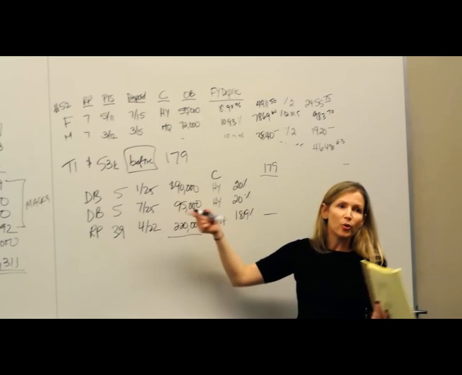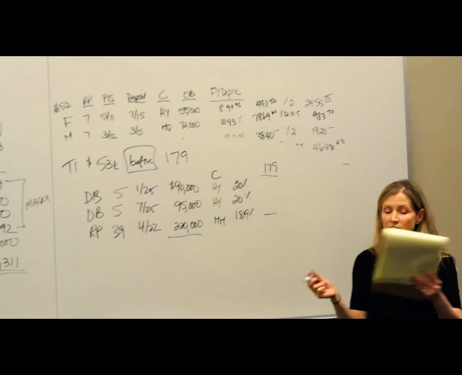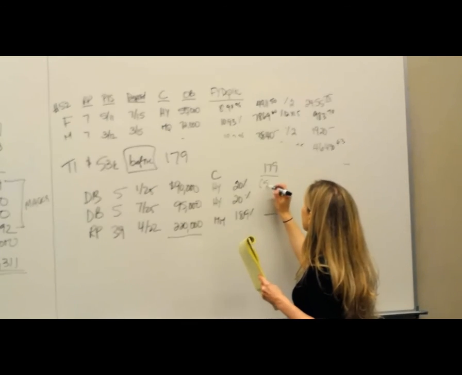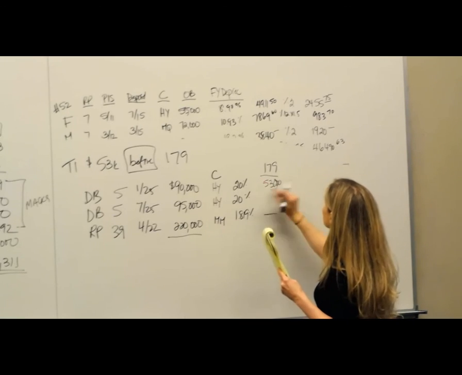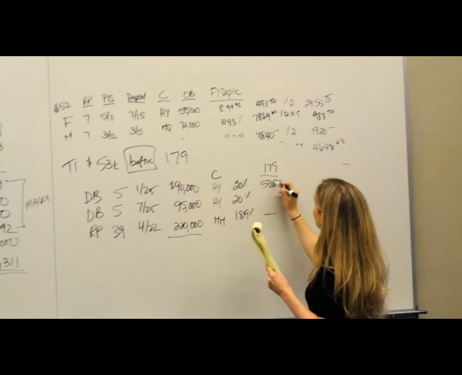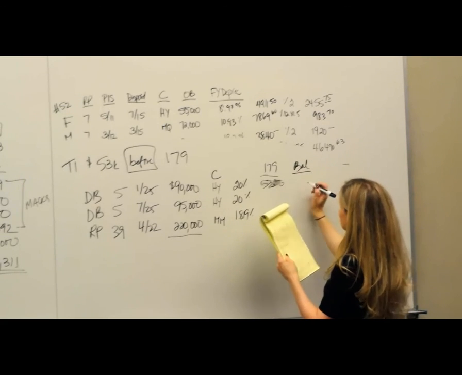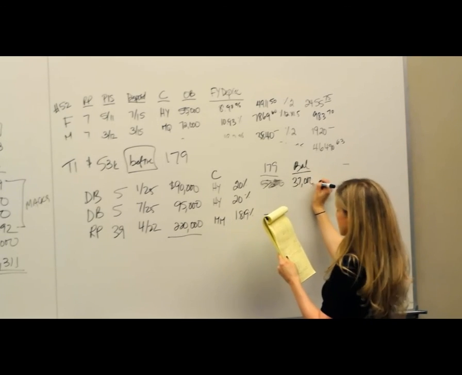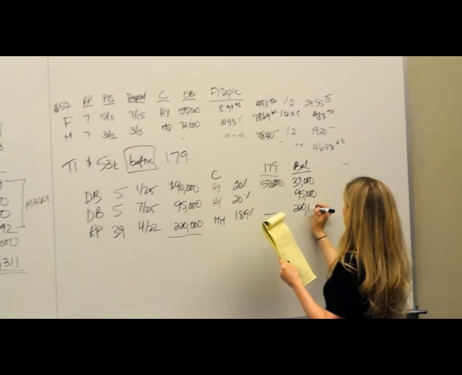Neither one's in the fourth quarter, so it doesn't really matter. I can take them against one or two. I could do half of each, doesn't matter. I'm going to take $53,000 off of this one. That's going to leave me with a balance of $37,000 here, $95,000 there, $220 there.